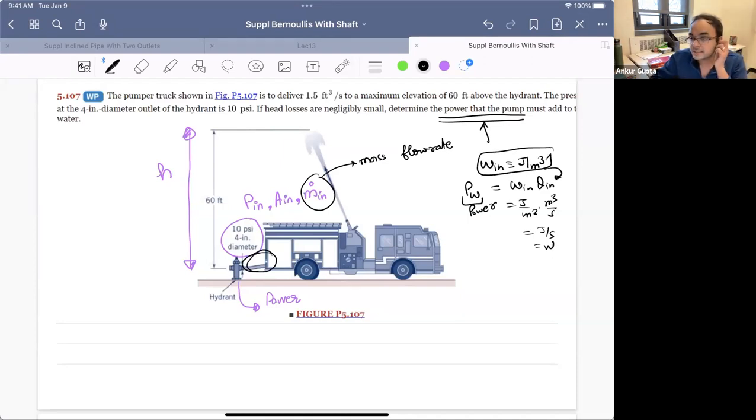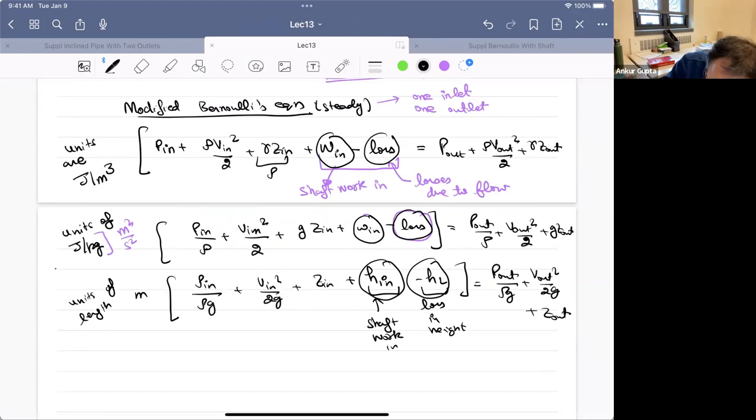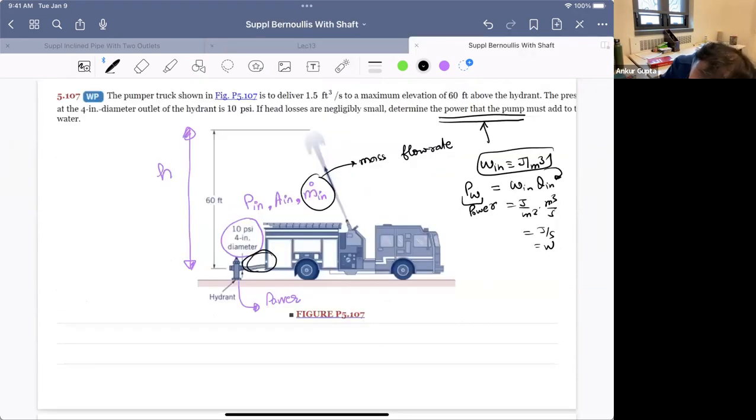Now you don't have to necessarily do this. You can say I want to use the other one. I want to find the equation in this form, joule per kg. And if you do find it in terms of joule per kg, then you can take small wn, which is in units of joule per kg. And in that case, you will multiply with the mass flow rate, m dot n.